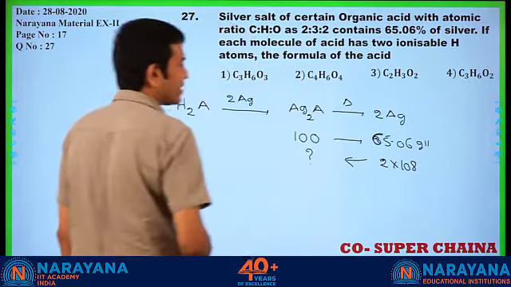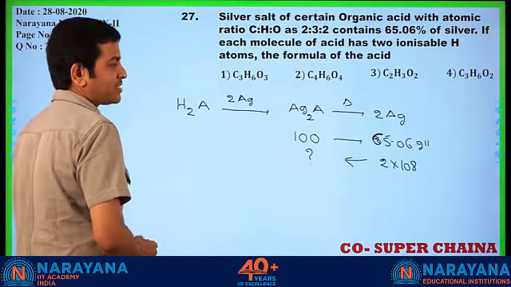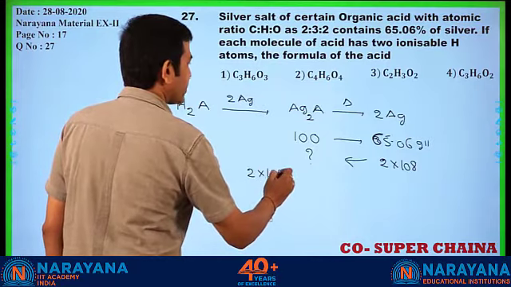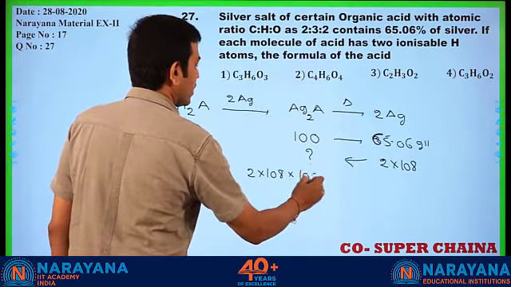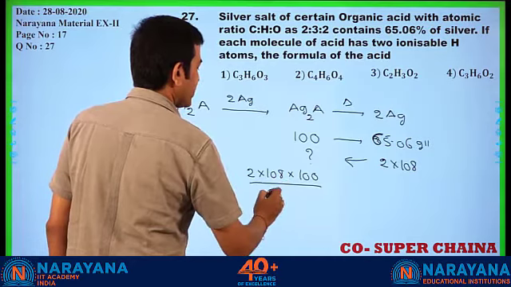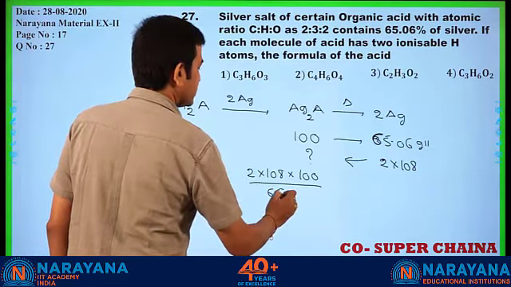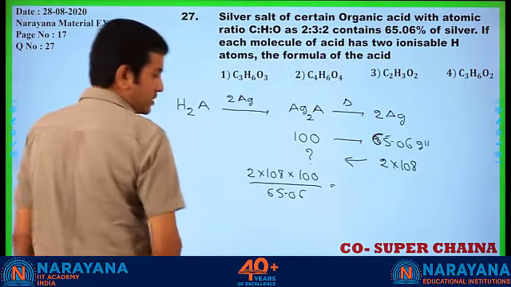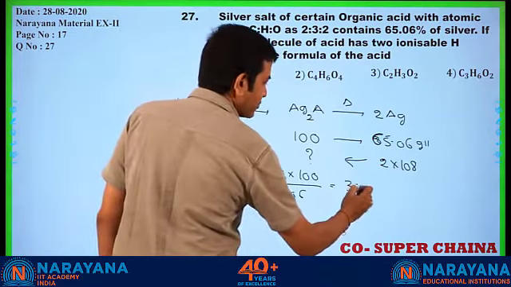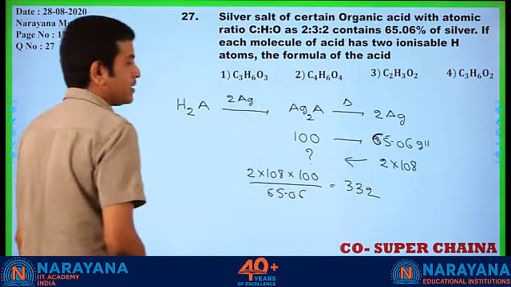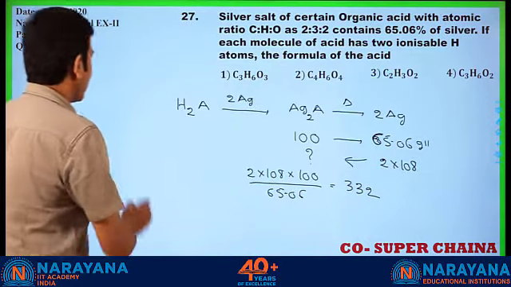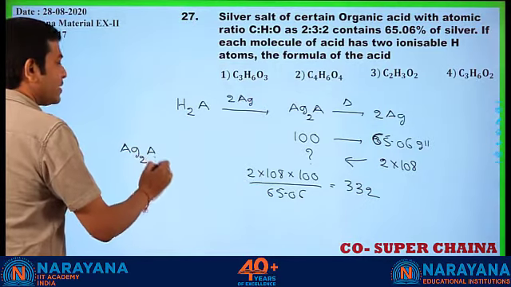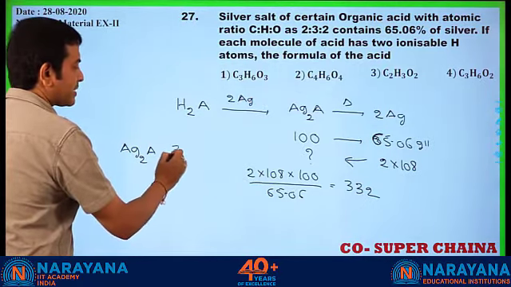Then what will be the value for that silver salt? 2 into 108 into 100 divided by 65.06. Its value is 332. So Ag2A, its molecular weight is 332.